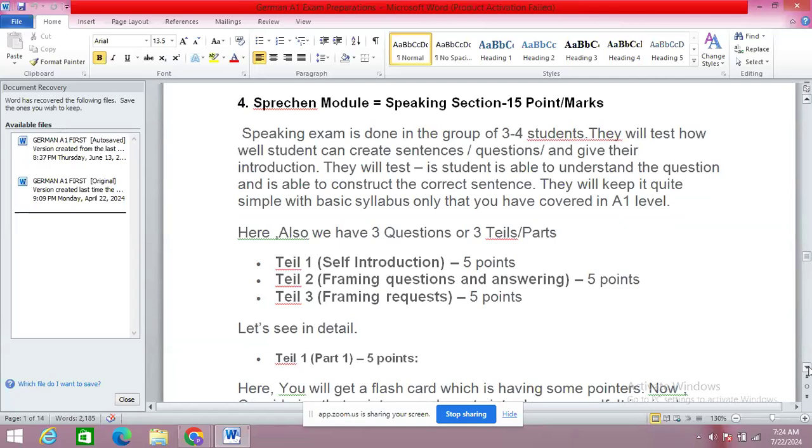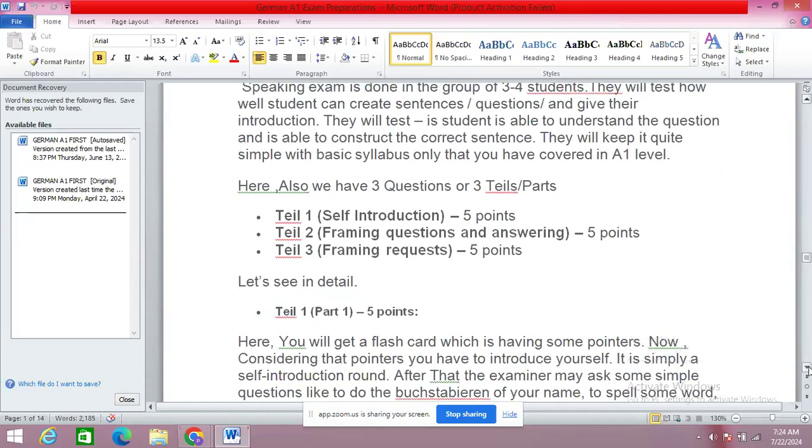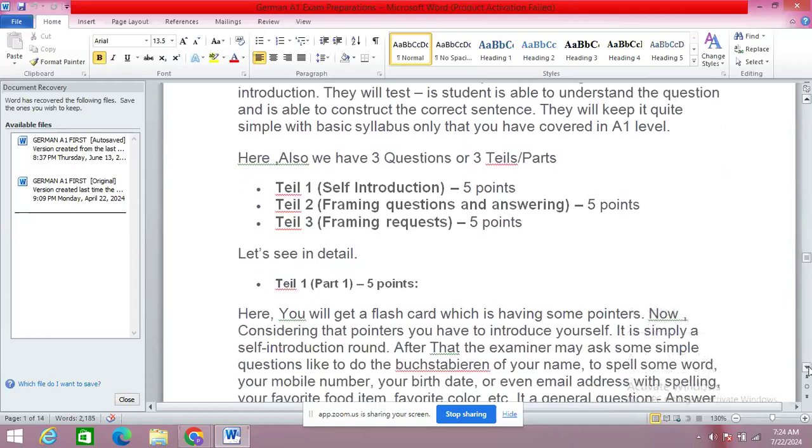Since it's a speaking test, they are going to test whether the student is able to speak, create sentences, create questions, and give their self introduction. Since it's a basic level, they are not going to give you tough situations or tough vocabulary. They will keep it very simple and basic.